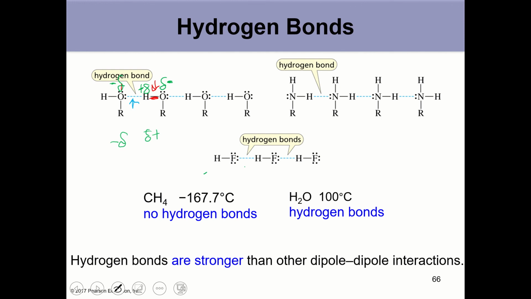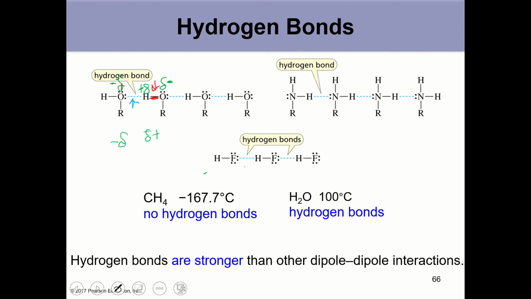It has a very large dipole, and the oxygen will be partially negative while the hydrogen is partially positive. The partially negative oxygen of one molecule that has an OH covalent bond will be attracted to the partially positive hydrogen of another molecule that has an OH covalent bond.